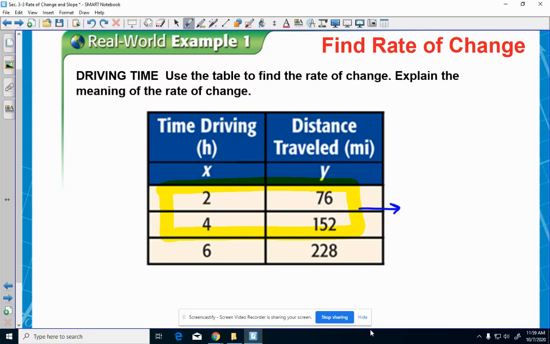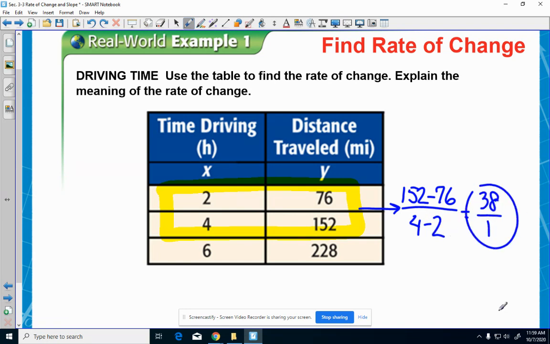The change in y over the change in x, what do you got? 38 over 1. All right, Logan originally talked about this idea of a ratio, and so we want to keep that in mind. We're really thinking 152 minus 76 over 4 minus 2. That will reduce all the way down to 38 over 1.